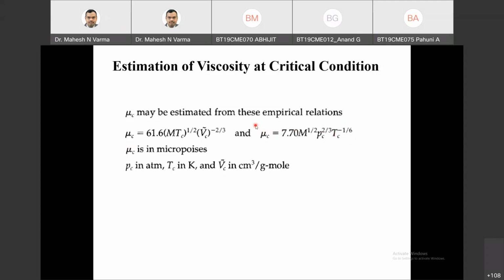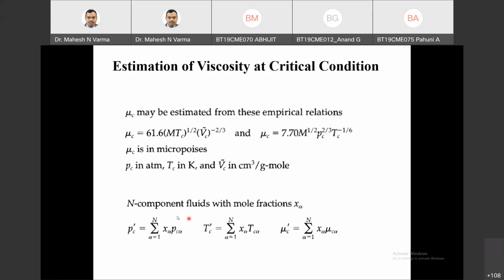So you need to remember the empirical equation as it is. You need to remember the empirical graph as it is, because these are all experimental observations put in the equation. So this is how I can get a critical viscosity, and using this empirical graph, I can get a viscosity at a given temperature and pressure.